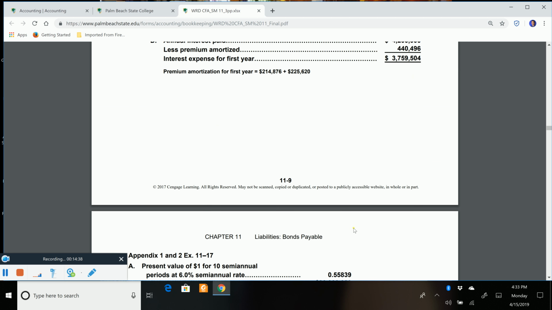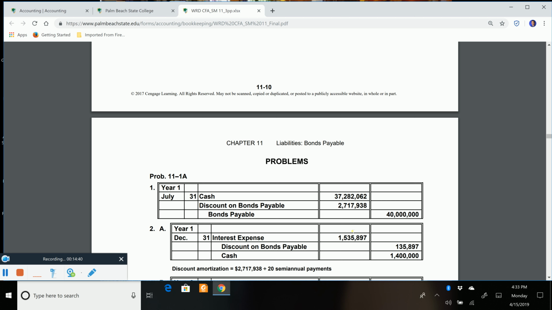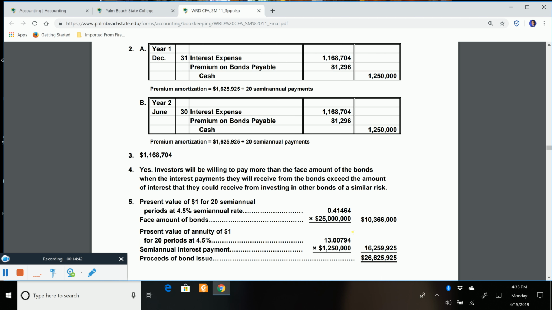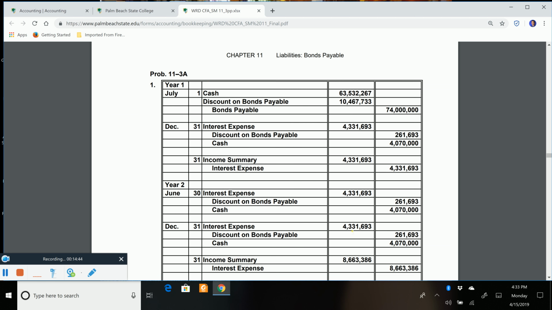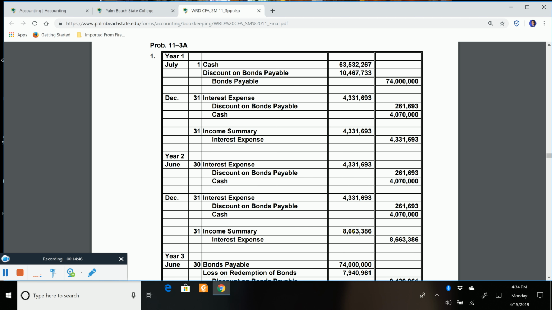And we're going to go through one more homework problem here, and this is problem 11-3A, and it's really more of the same, but I want to make sure that you are understanding all of this.